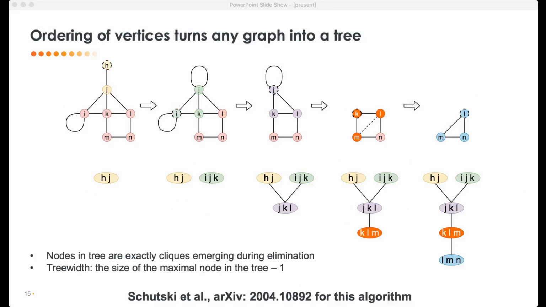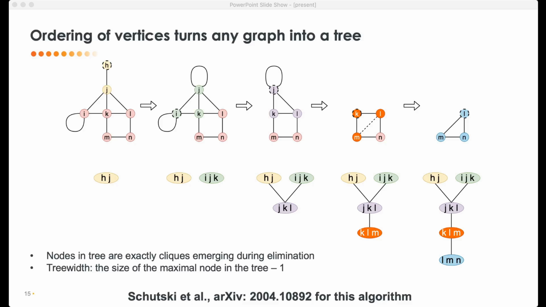To formulate this problem in terms of graphs, let me show that any ordering of vertices maps a graph into a tree. The vertices in this tree are cliques in the original graph, which emerged during some elimination sequence. Here is an example of how to build this tree graph.